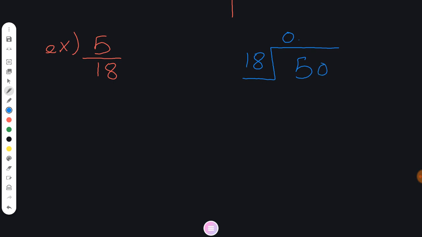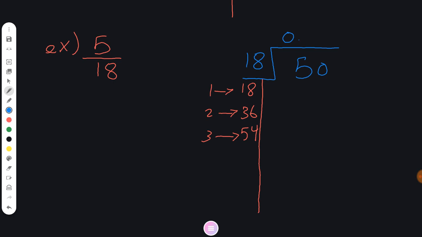Okay, and we will make the times table of 18 one time until we reach 50. 2 times 18 equals 36. 3 times 18 equals 54. Now we exceed the number 50.